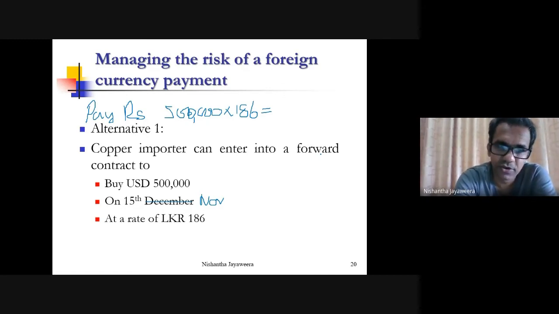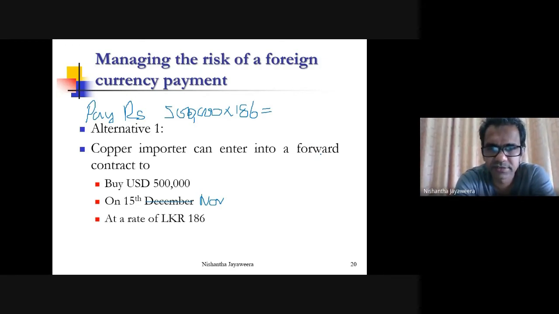Not only that, you have to pay the initial margin and variation margin during the contract period, but you can avoid the physical settlement depending on the type of the contract that you have agreed.